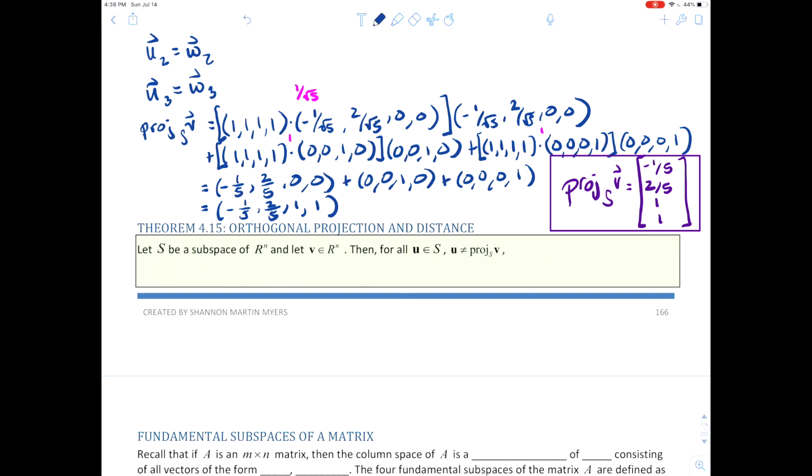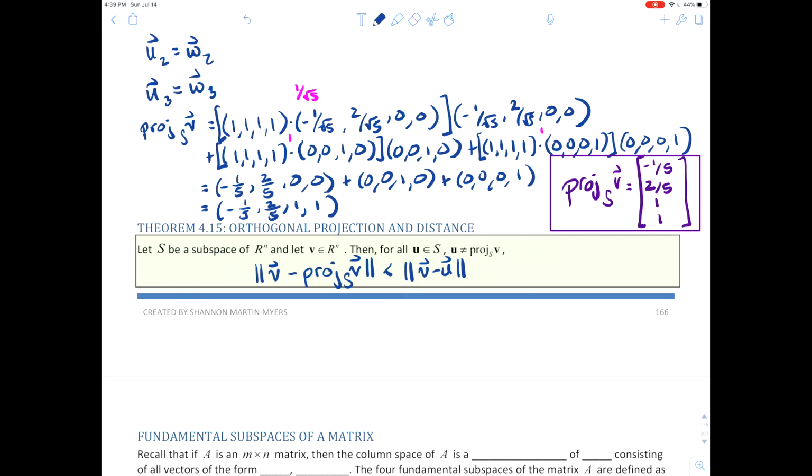Then, for all vectors U in S, where U is not equal to the projection of V onto S, it turns out that the magnitude of V minus the projection of V onto the subspace S, which remember is the distance between those two vectors, has to be less than the magnitude of V minus U, which is the distance between V and U. Okay, so far?